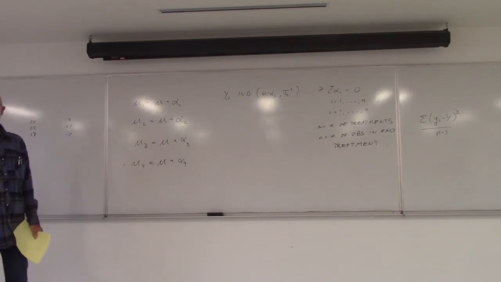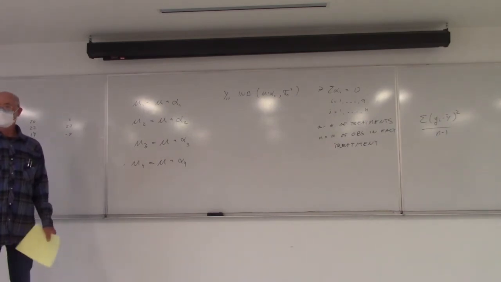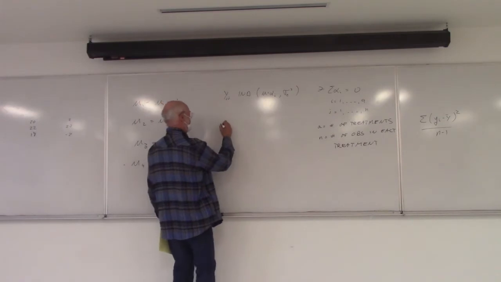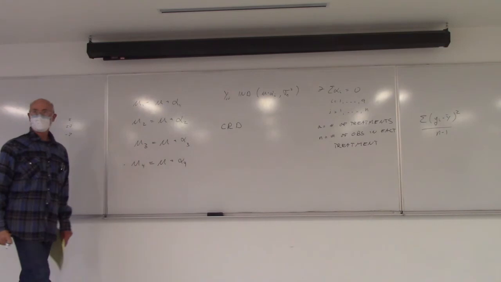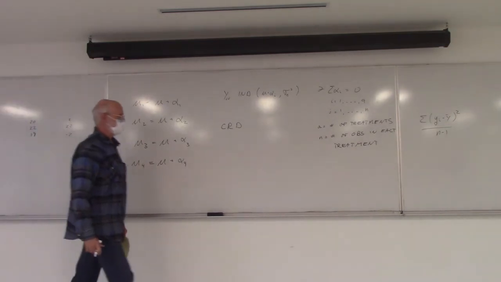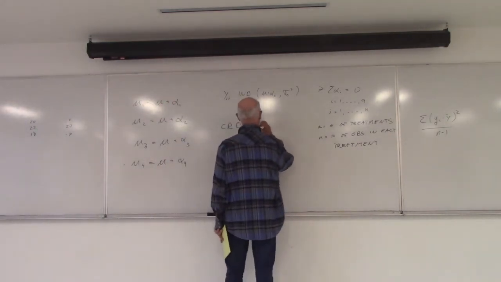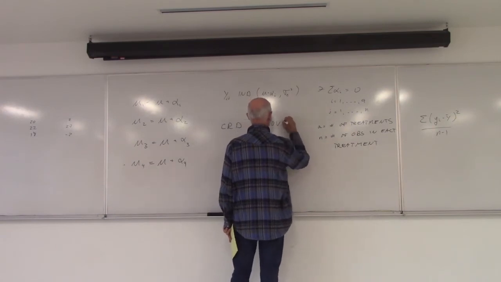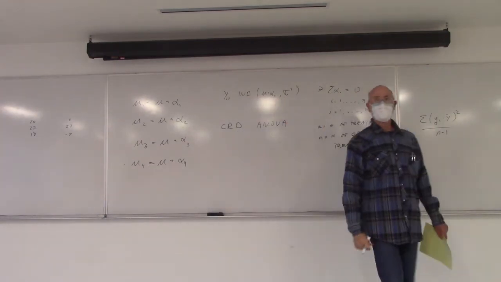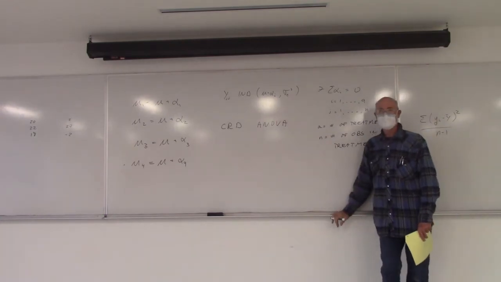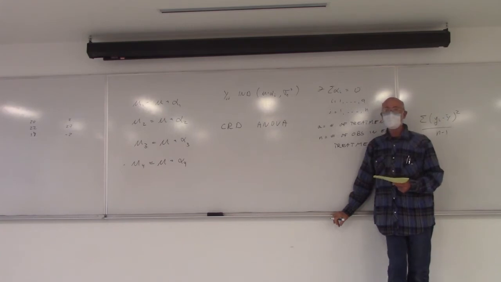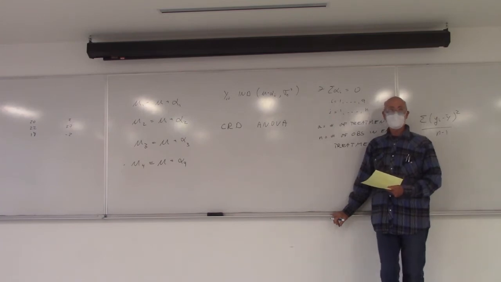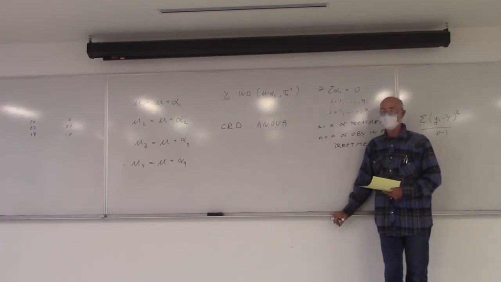The kind of ANOVA that we're doing today is called a CRD. So we're going to learn a bunch of ANOVA designs. The one we're doing today is a CRD ANOVA. CRD stands for completely randomized design. Okay? And it's referred to as a Model 1 ANOVA.